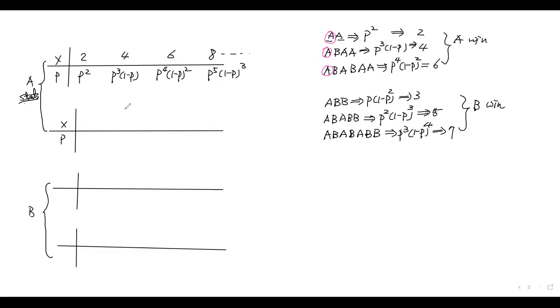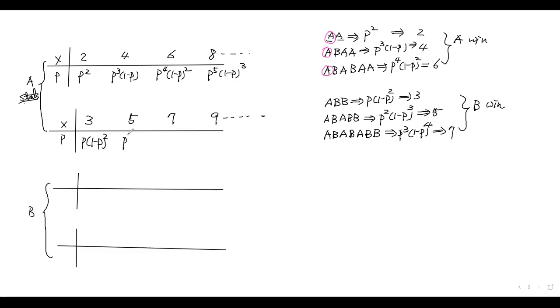So now you see what is here. This will be 3, 5, 7, and then 9 games, and so on. Let's see the probabilities. This is P, and this is 1 minus P squared.